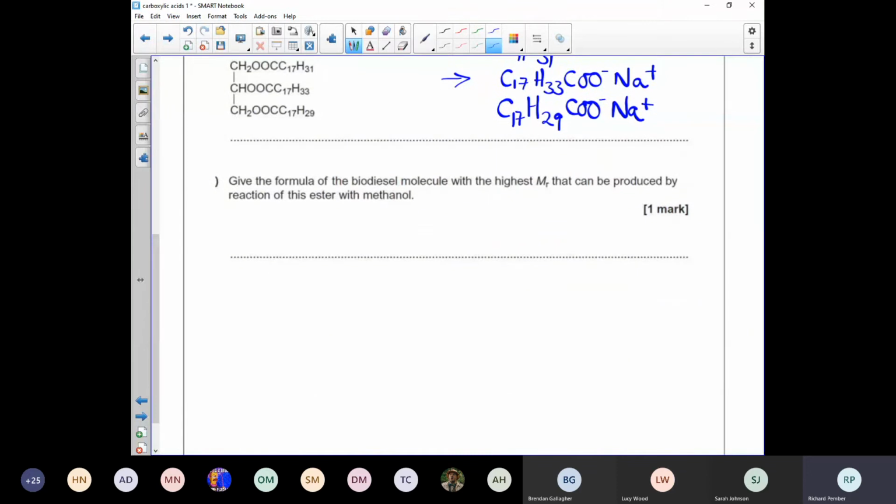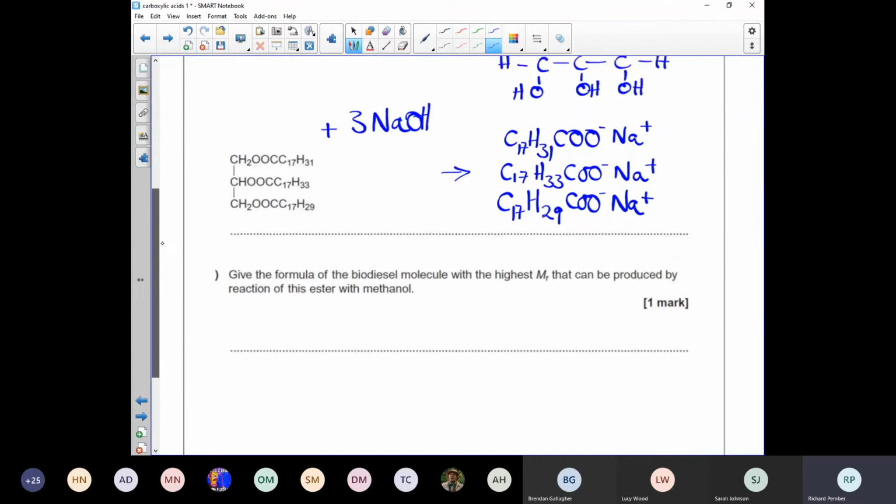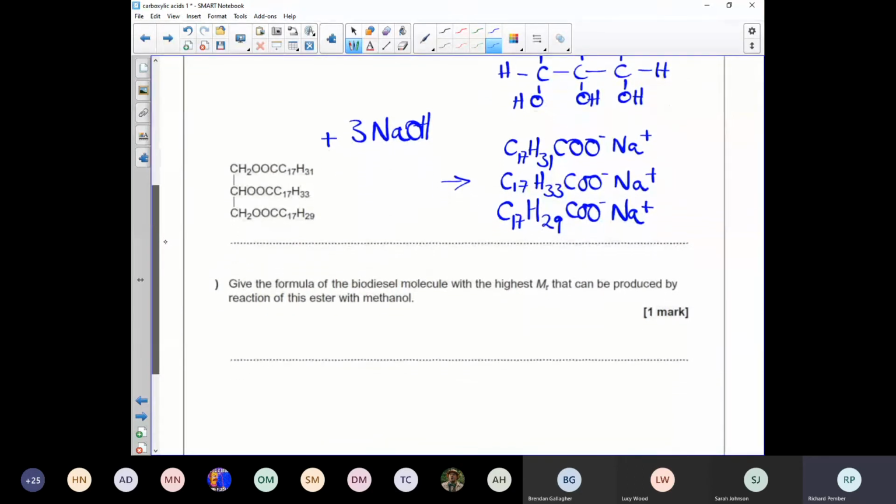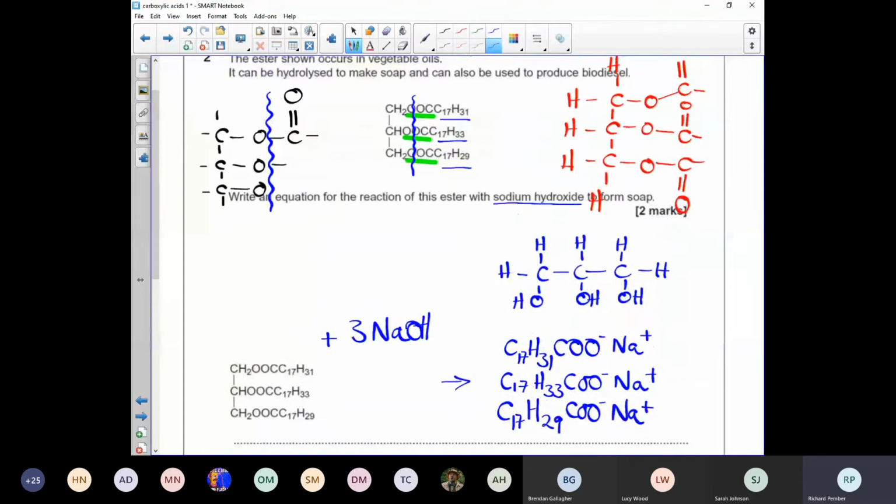And then give the formula of the biodiesel molecule with the highest MR. Right, so we're back to the original triglyceride. Now when we make biodiesel, this is a transesterification reaction, so we've got our long carbon chain, and then we make the methyl ester of it using methanol. So I'm going to be looking at that.